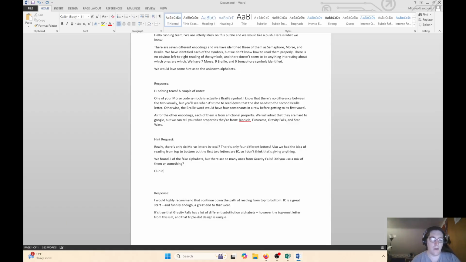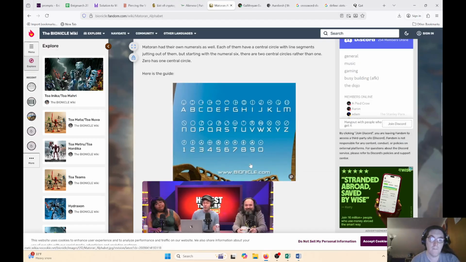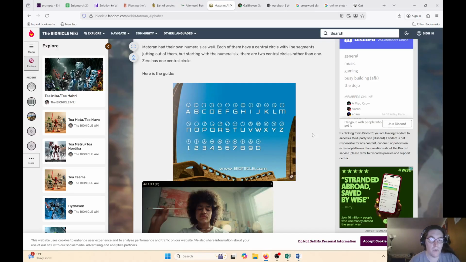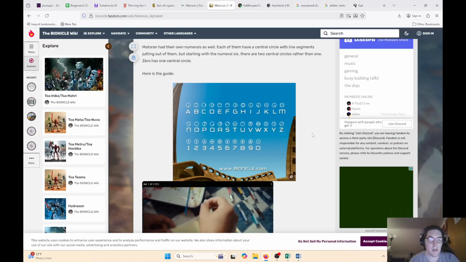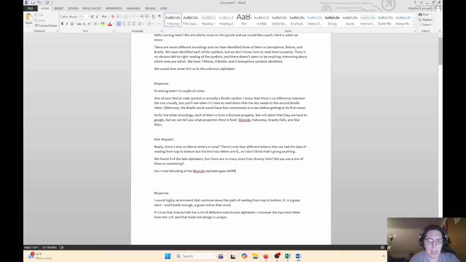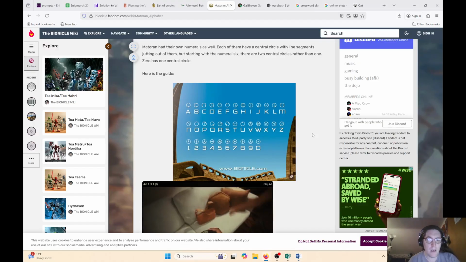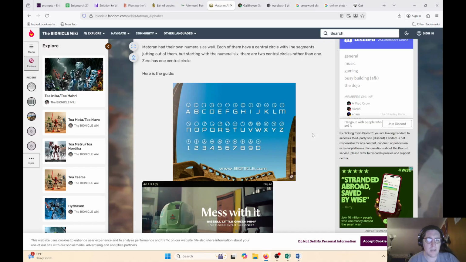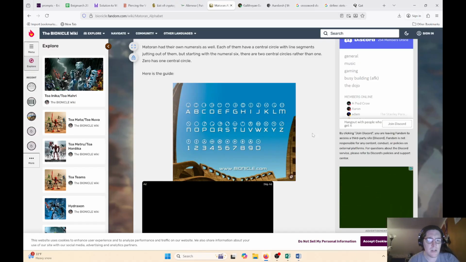Our initial decoding of the Bionicle alphabet gave: C became an A, O stays an O, R stays there, E can become an M, C becomes an A again, T stays a T. There's nothing that it turns.